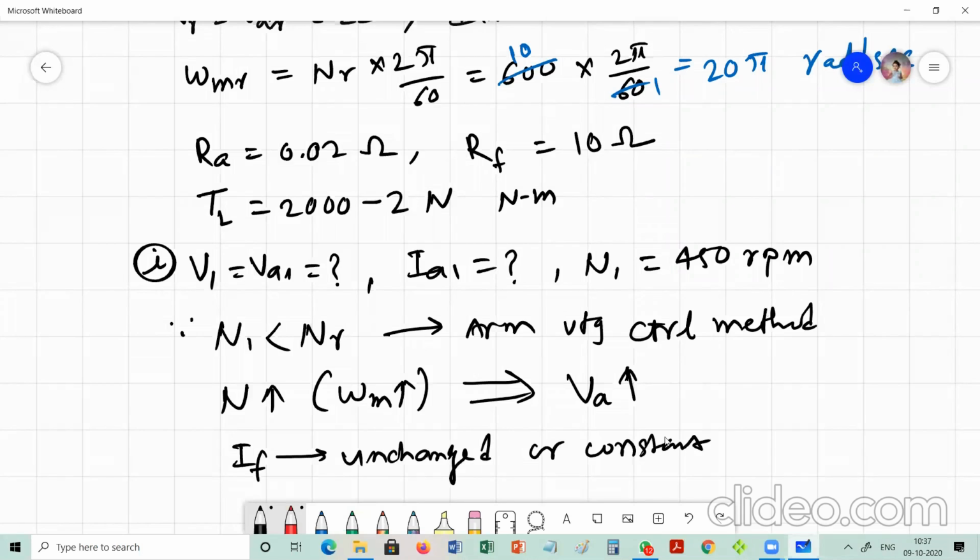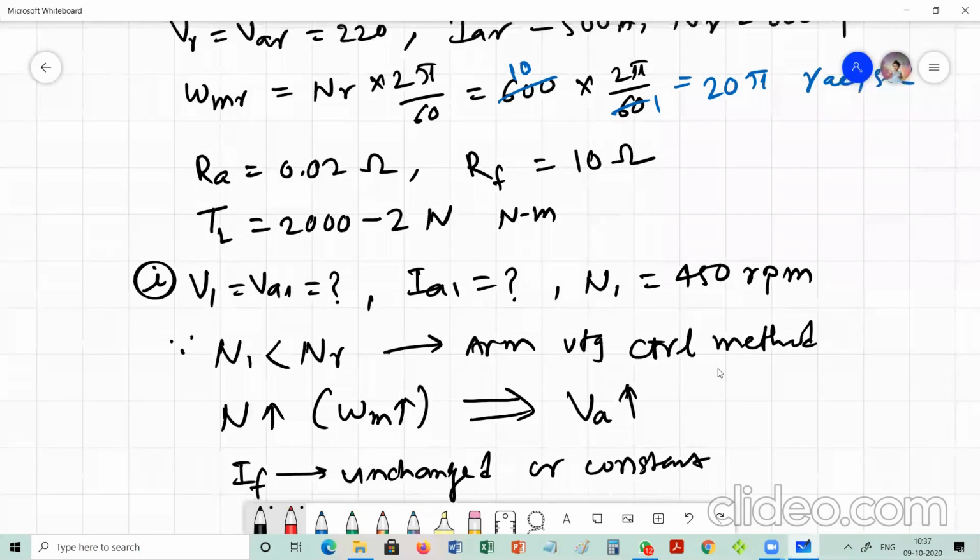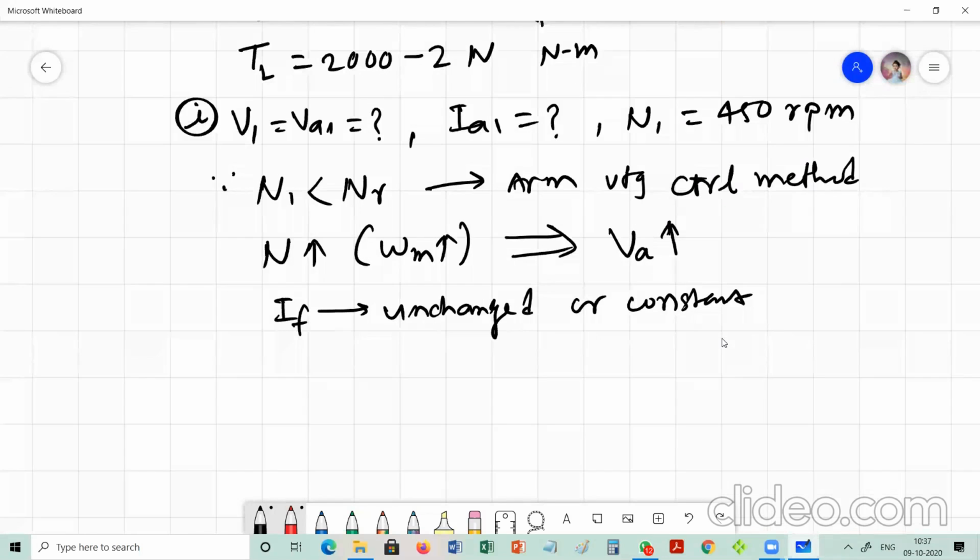Means flux phi is also constant. During this operation phi 1 is equal to phi r, and it is constant.